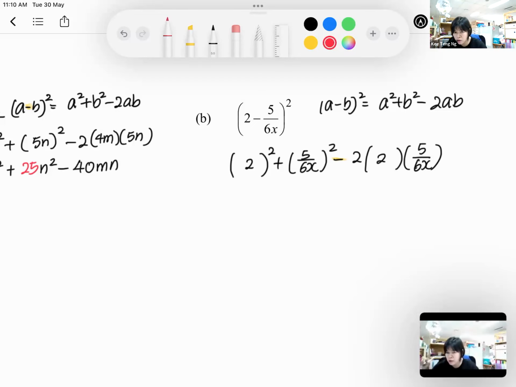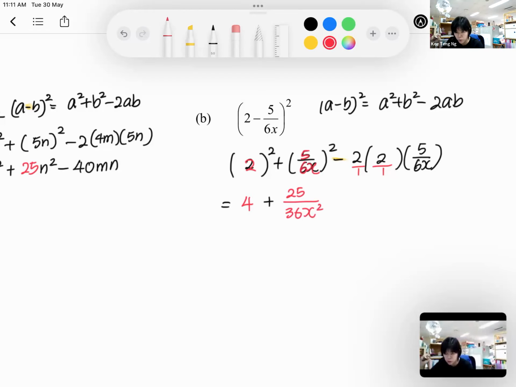To prevent you from being mixed up, this 2 is actually 2 over 1, so you multiply the numbers in the numerator. So now over here, 2 squared becomes 4. And next, common mistake, you square this: 5 squared becomes 25, 6 squared becomes 36, x squared becomes x squared.